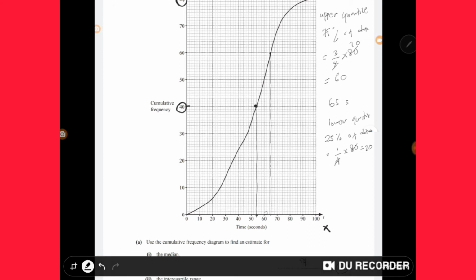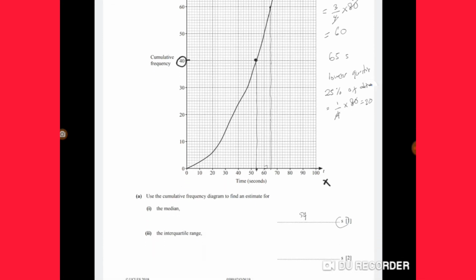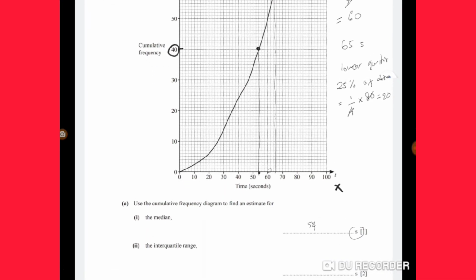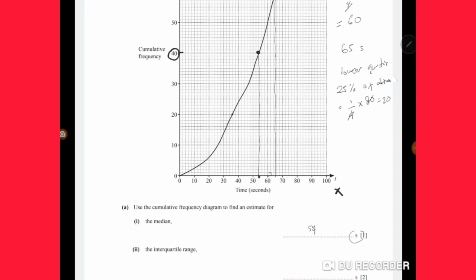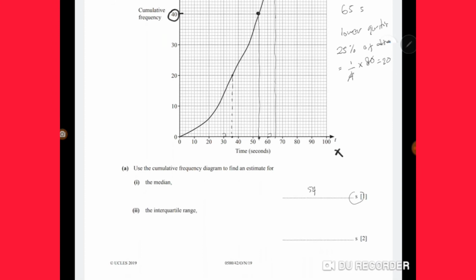So when the cumulative frequency is 20, it represents the lower quartile. You find 20 here, and then you go down to read the seconds. It will be here, and one box represents 2, so 2, 4, 6, which is 36 seconds.